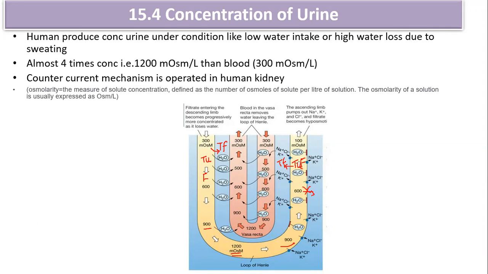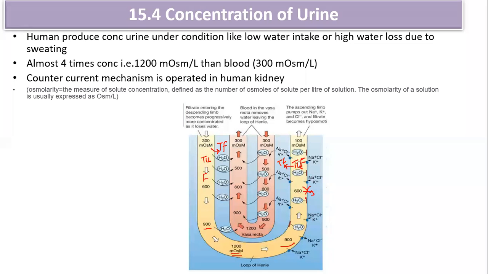So what happens? Salt concentration will go on decreasing. Initially it is 900, now it becomes 600, and then it becomes 100 milliosmol. So as the fluid moves up in the ascending limb, again the concentration will go on decreasing. Are you getting this?